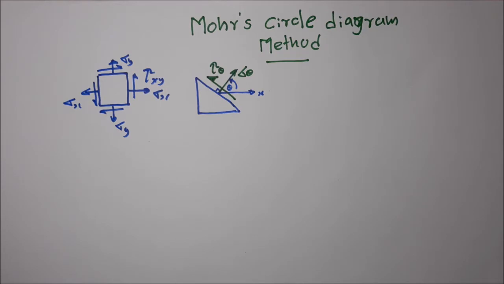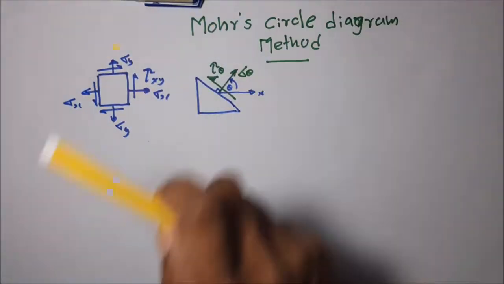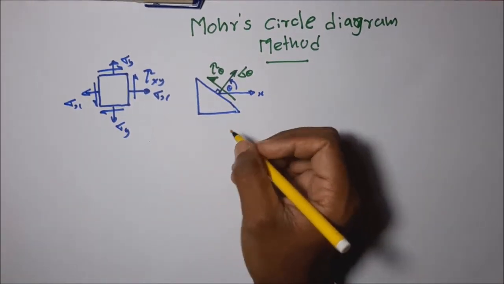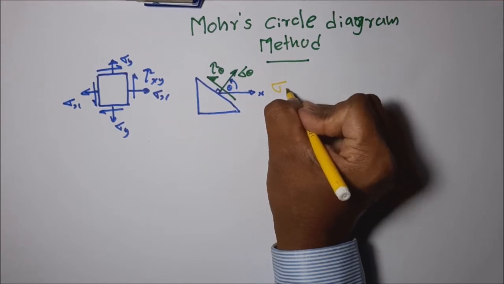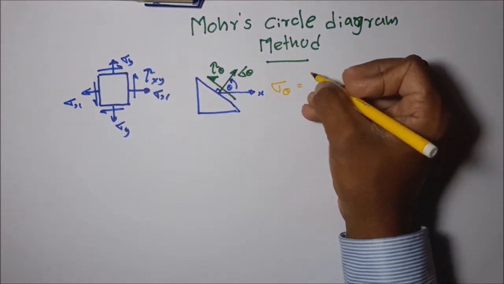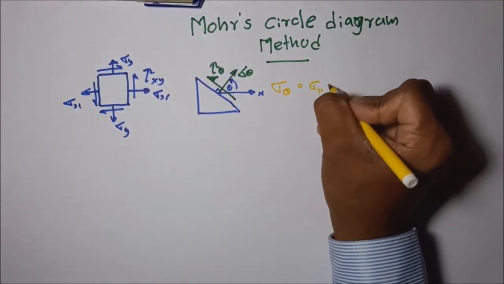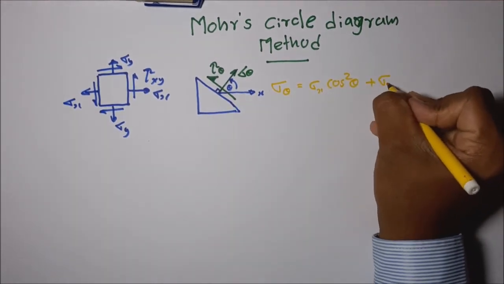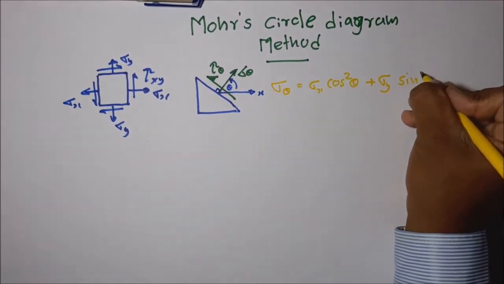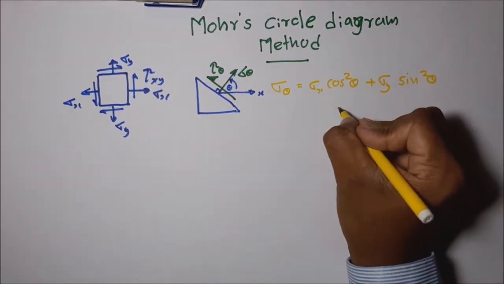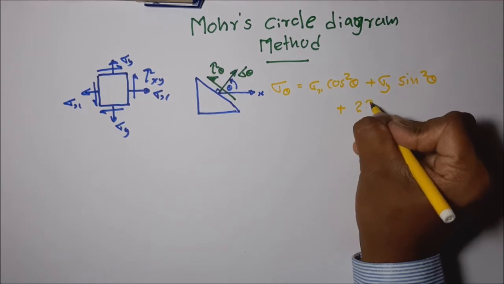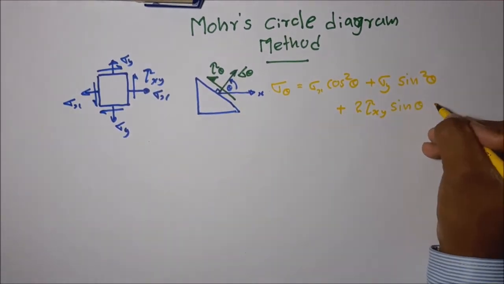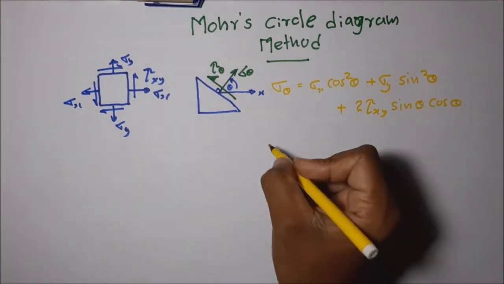Then we have two equations to find sigma theta and tau theta, called the stress transformation equations. The first one: sigma theta is equal to sigma x cos square theta plus sigma y sin square theta plus 2 tau xy sin theta cos theta.